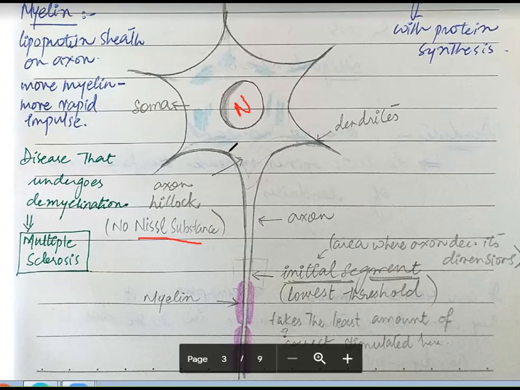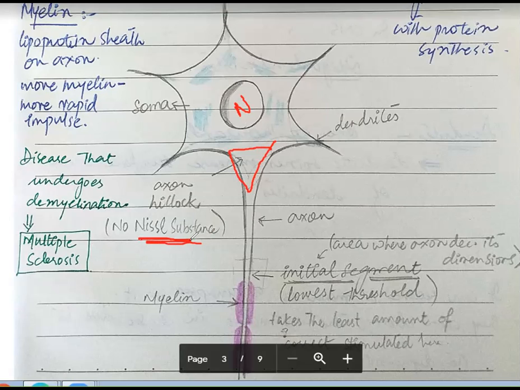And there is this region which we call axon hillock. It is this triangular part which does not contain Nissl substance, that is, it does not have cytoplasm. So just keep this in your mind, that Nissl substance is the word used in replacement of the cytoplasm of neuron.